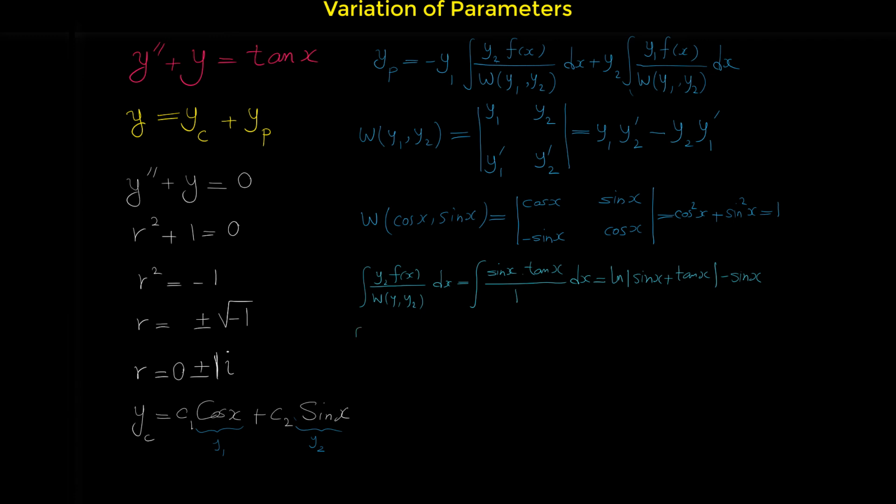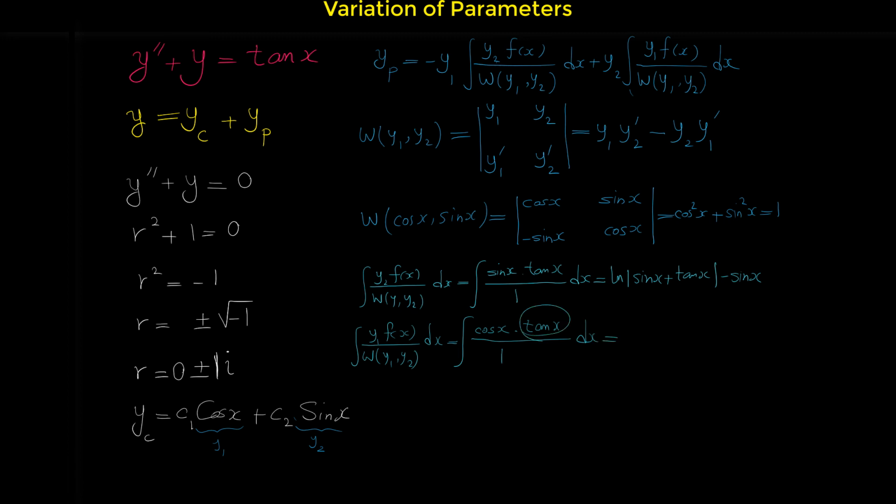Now let's calculate the other integral. Integral of y1 f of x over Wronskian of y1 and y2. Here y1 is cosine x, f of x is tangent of x, and the Wronskian is 1.